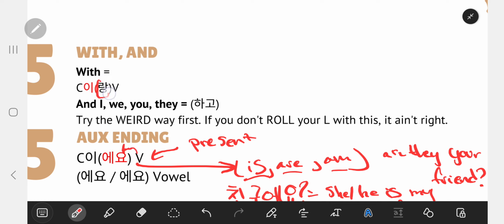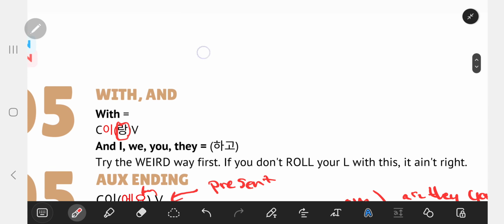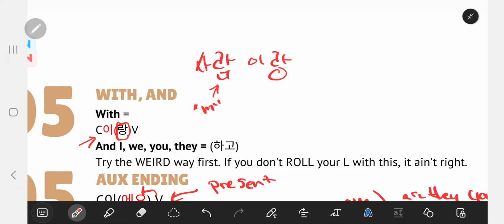And so I'll just make it like this. And so that's that. So for example, if I say 사람, this means person. And this is an M sound, right? So that would mean it's 이랑, because it ends in a consonant. So we say the whole thing.